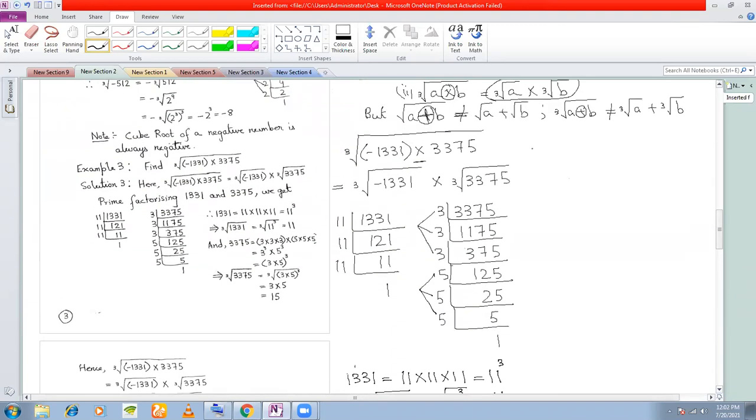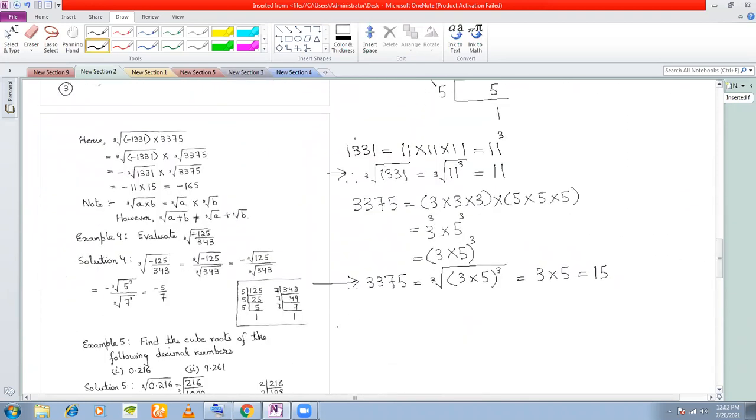We come back here, from where we started. So therefore, cube root of minus 1331 into 3375. I had written this as cube root of minus 1331 into cube root of 3375.